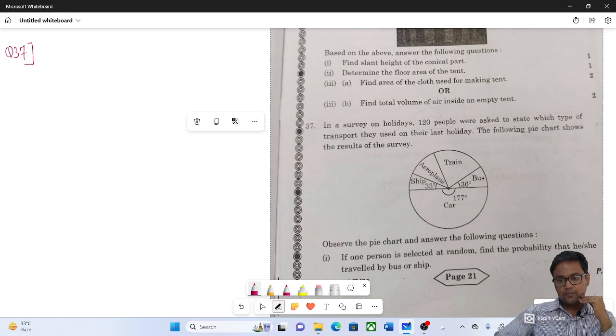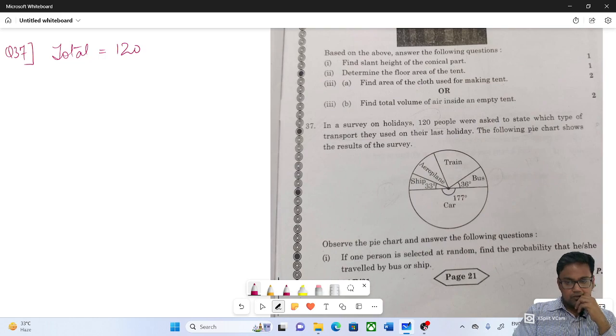So, 120 people were surveyed and they were asked which kind of transport they would be using. So, total number of people is 120, and the different types of transportation options are represented with the help of a pie chart with the different shares, pies, slices.